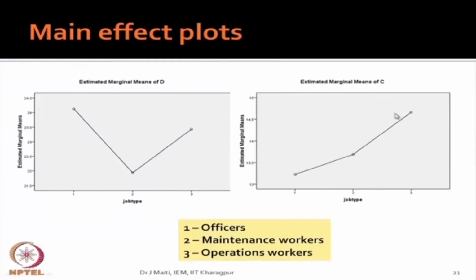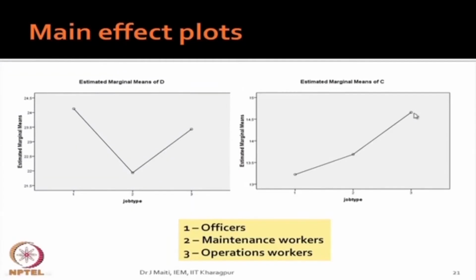The operations workers do day to day routine work, most of it already structured, and the SOP, standard operating procedure, is known. So there is hardly any chance to have their discretionary power.